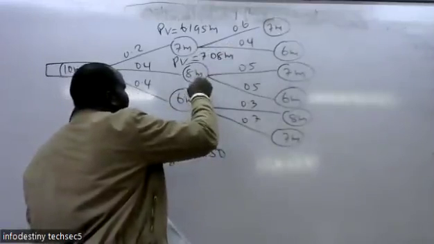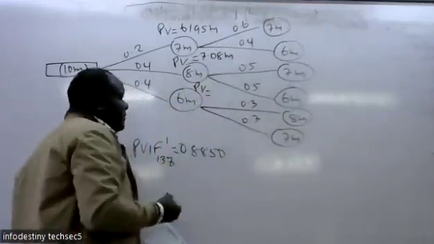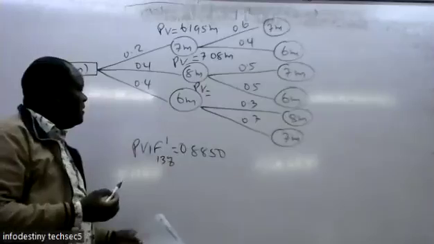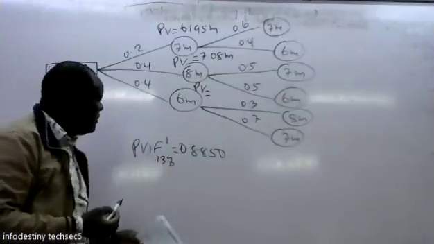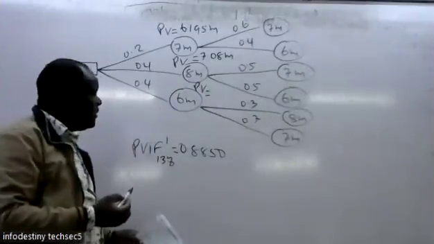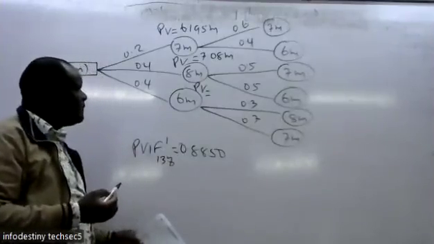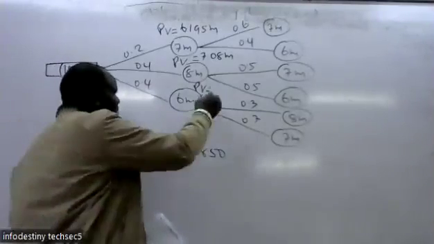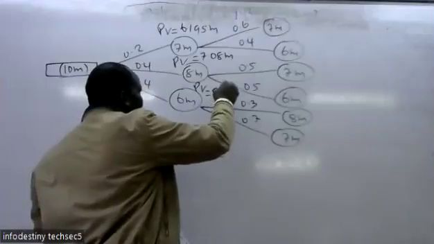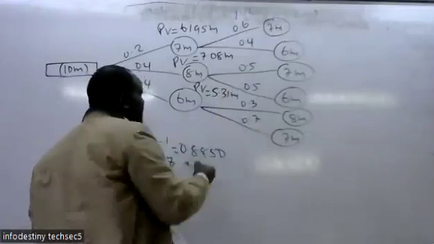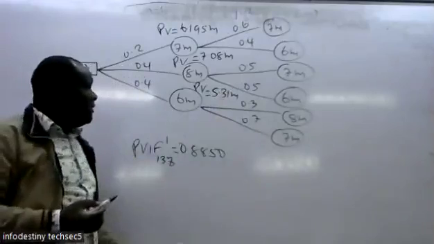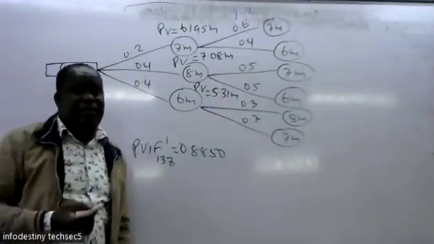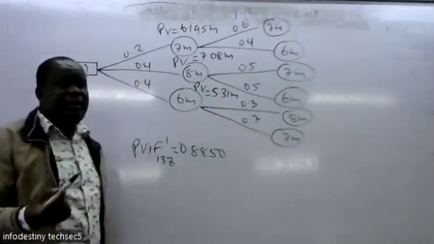Then confirm the 6 millions multiplied by 0.8850, which is 5.31. So that is now for year 1, because it had only year 1 and year 2.